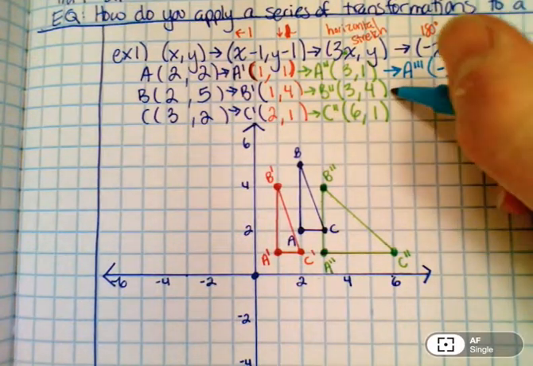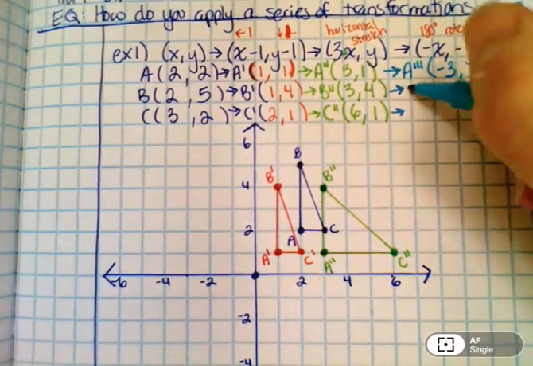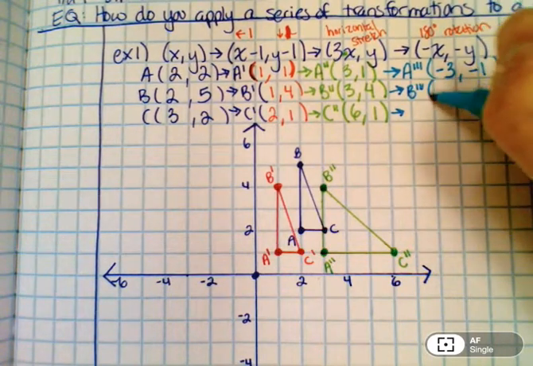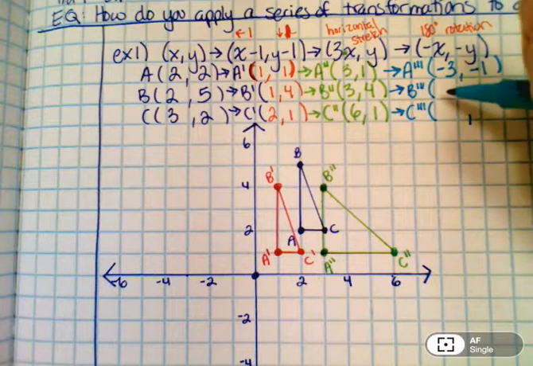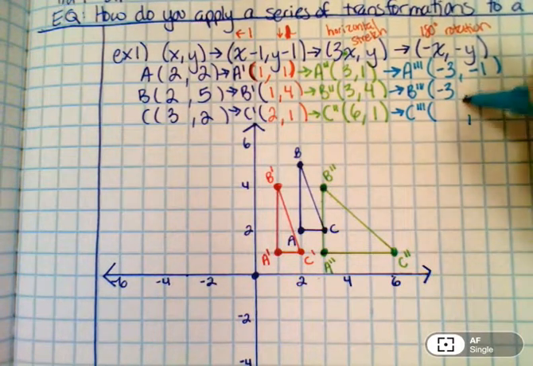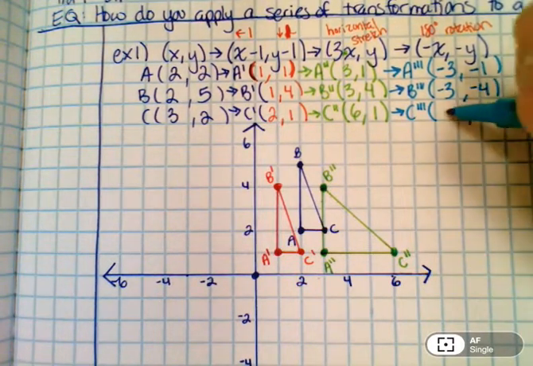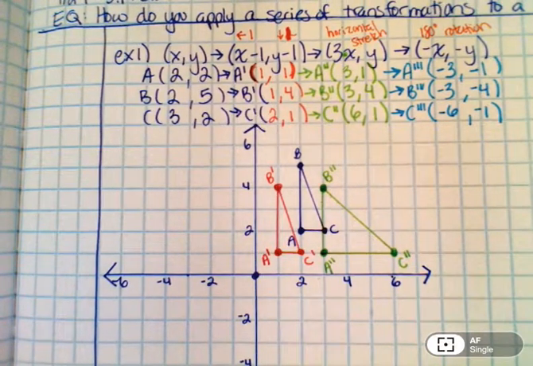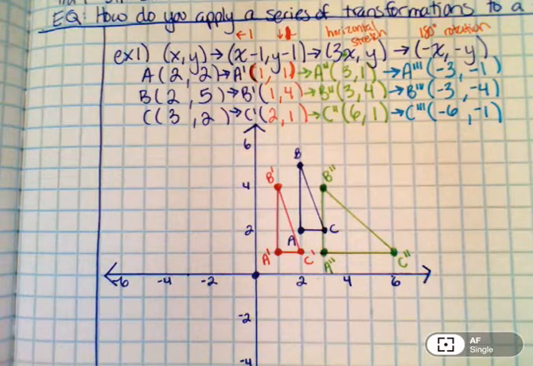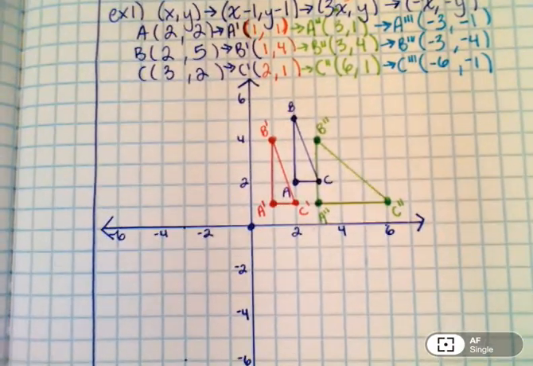And I'd like you to go ahead and finish with B triple prime and C triple prime. Check up here to make sure you did it right, and if you did, go ahead and graph it.